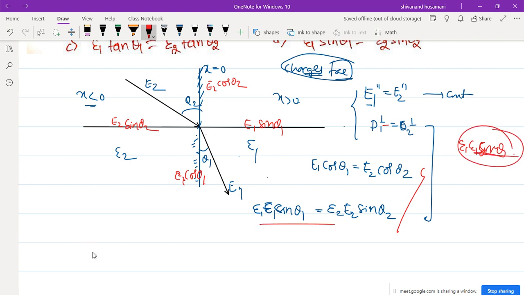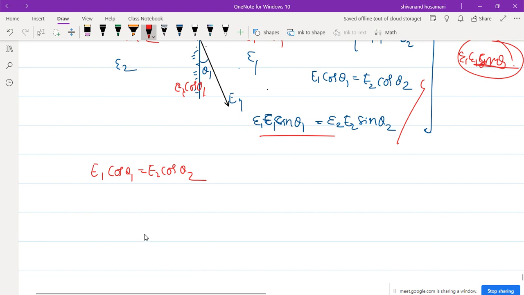By using these two conditions, E1 cos theta 1 is equal to E2 cos theta 2, and epsilon 1 E1 sin theta 1 is equal to epsilon 2 E2 sin theta 2.